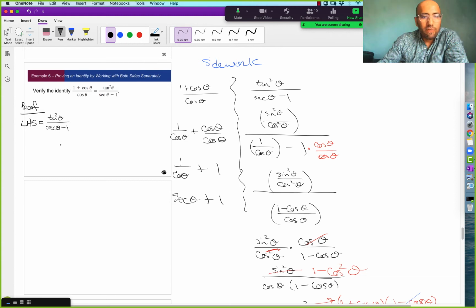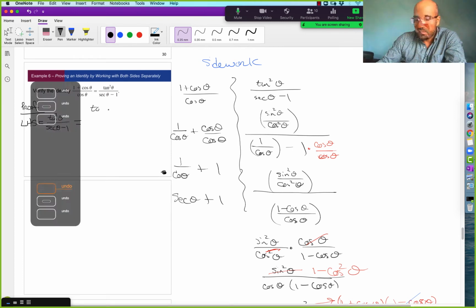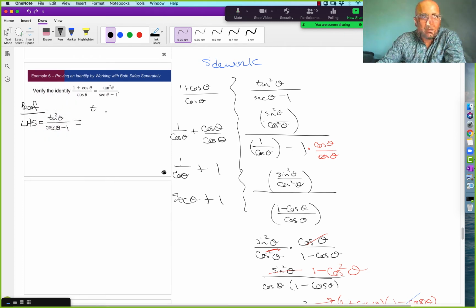And then you can do all these things, right? So tangent of theta is equal to sine of theta over cosine of theta. It's equal to sine squared theta over cosine squared theta divided by 1 over cosine of theta minus 1.